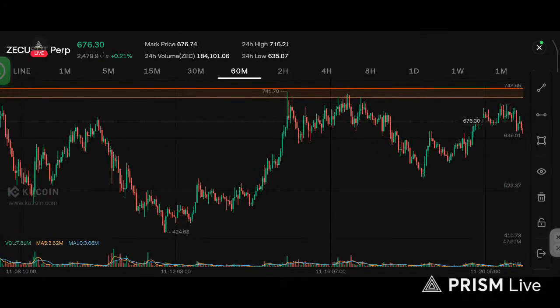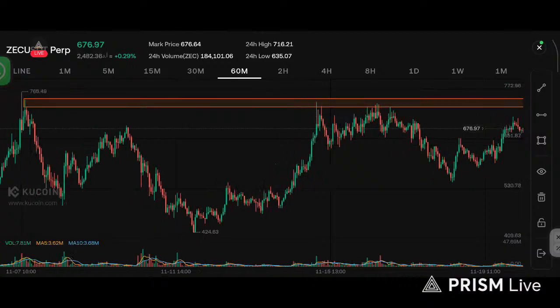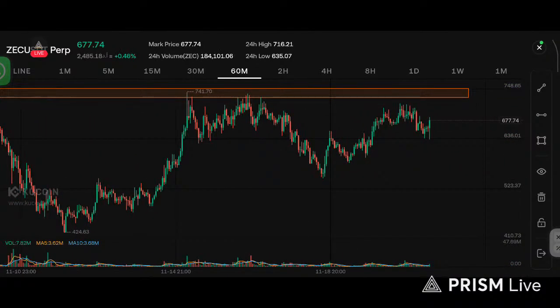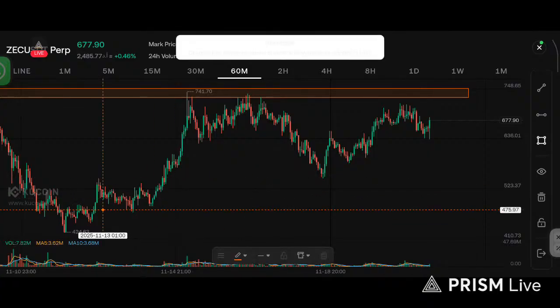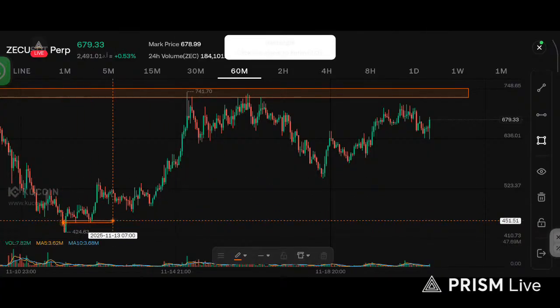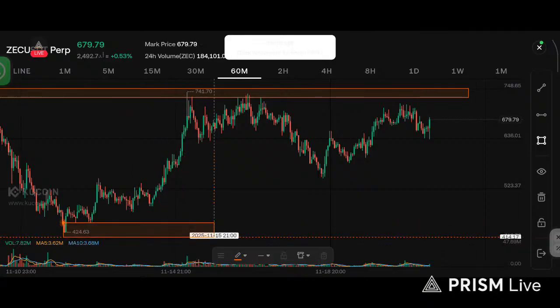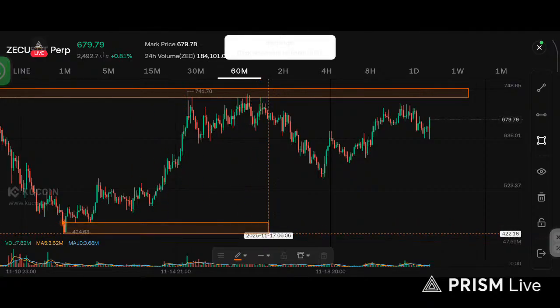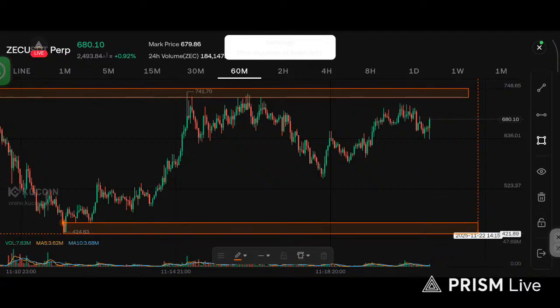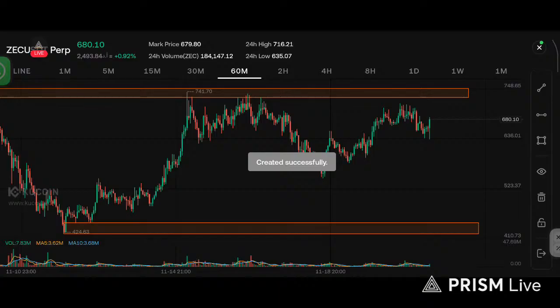It's still outperforming BTC right now, because as you can see, this is another order block. This is the last red candle before the market pumps up. This was a nice setup.